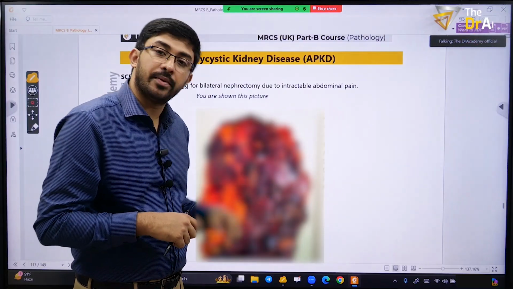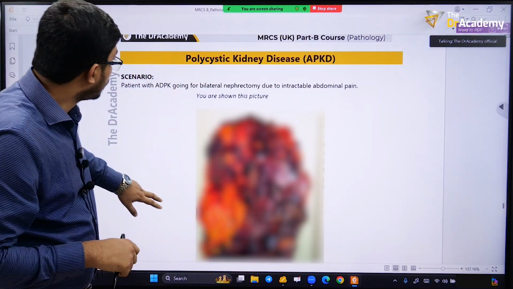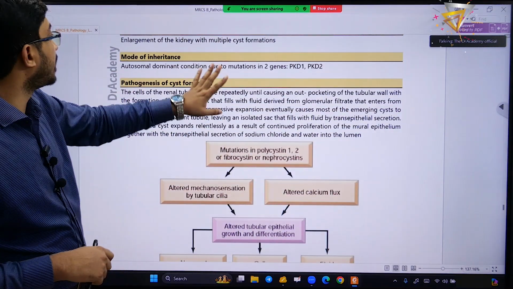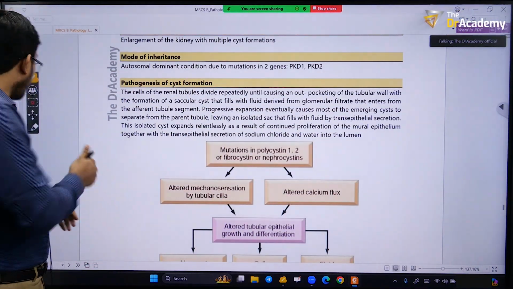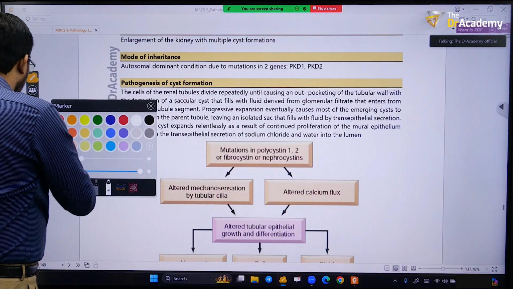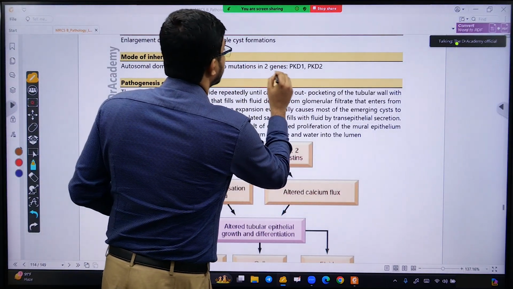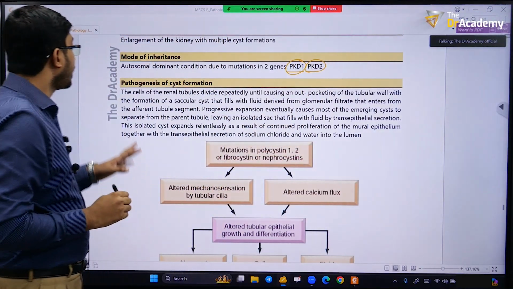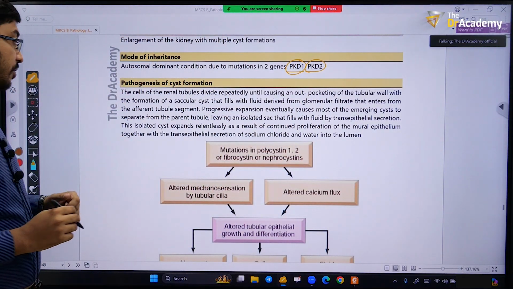And finally, there may be infection, okay. So, discussed it, mode of inheritance, it is autosomal dominant due to, have to remember these two genes, one is PKD1 and PKD2, okay. So pathogenesis of the cyst formation, okay.